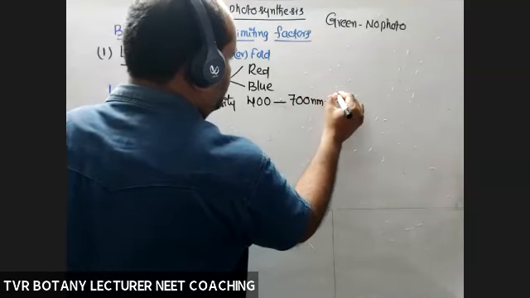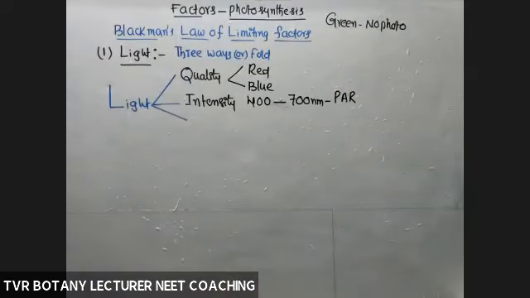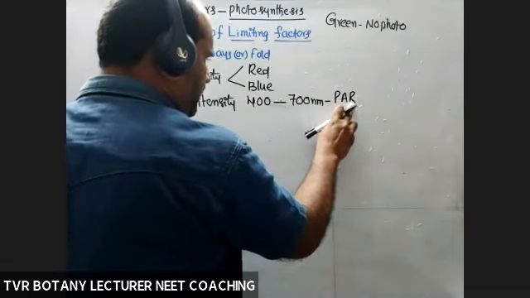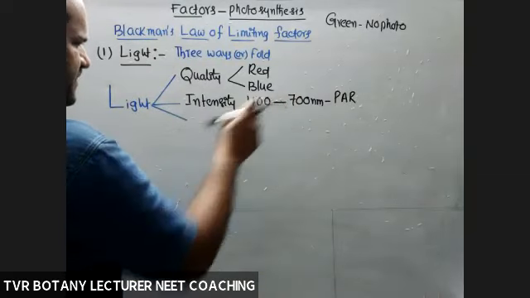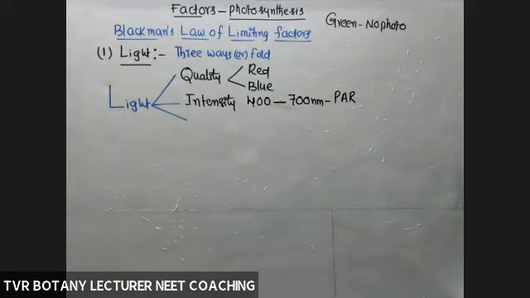This wavelength of light is called PAR, photosynthetically active radiation, meaning more rate of photosynthesis. It is around 340 to 730 or 760, but according to our textbook you can take 400 to 700. Blue and red are photosynthetically active radiation.